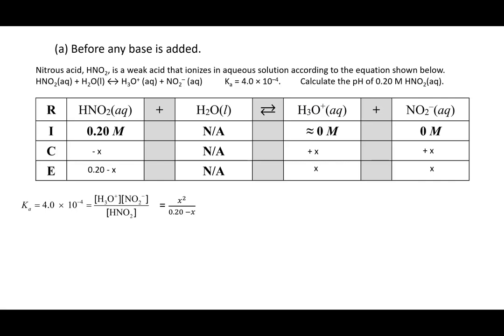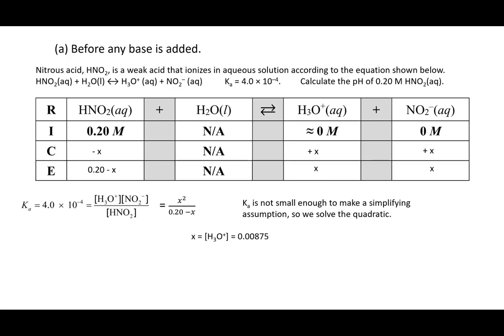So when we plug in what we know and what we don't know, we get X squared divided by 0.20 minus X. Now, I don't really think that Ka is small enough to be able to make the simplifying assumption, so we're going to have to solve the quadratic.